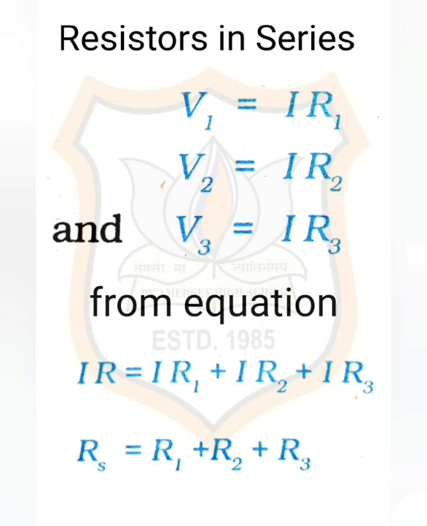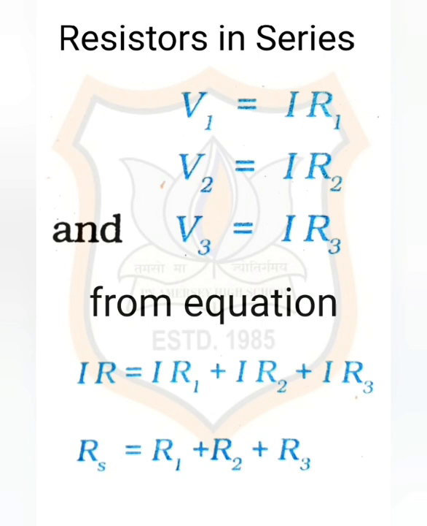That means the current will be the same throughout. Then Rs, that is resistance in series, is the combination. It is also called the equivalent resistance of the combination. On applying Ohm's law, V is equal to IR, or we can say V is equal to I Rs, because resistance in series. We can write I Rs is equal to V1 plus V2 plus V3.